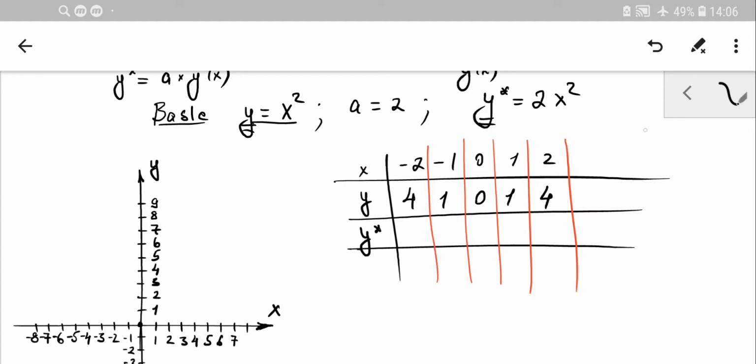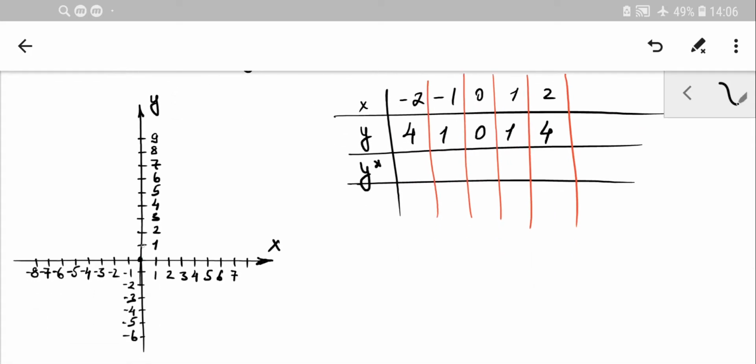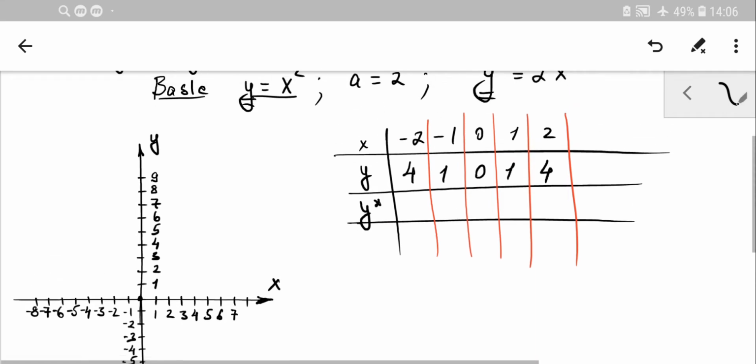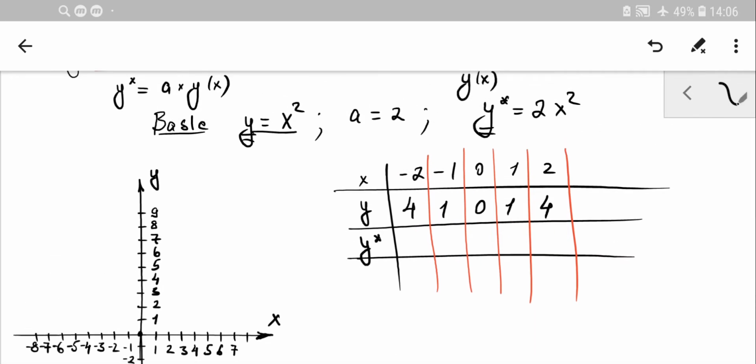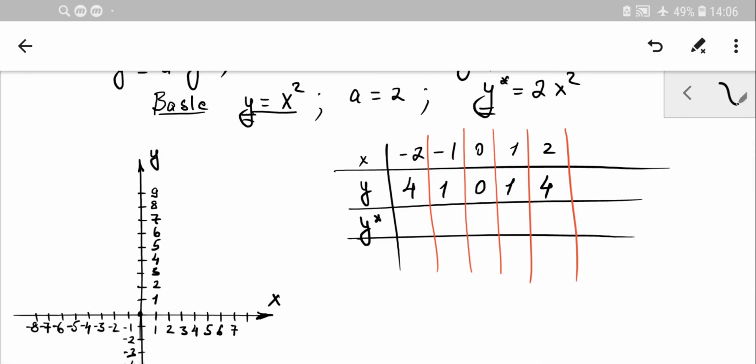Just remember, the basic parabola y = x squared has a vertical line of symmetry through x = 0. So the y-axis becomes the axis of symmetry, and to the right and to the left of 0 you have matching y values for positive and negative x values.